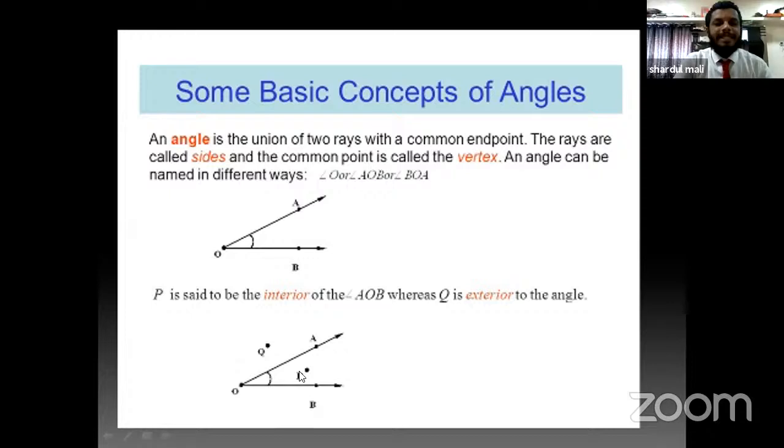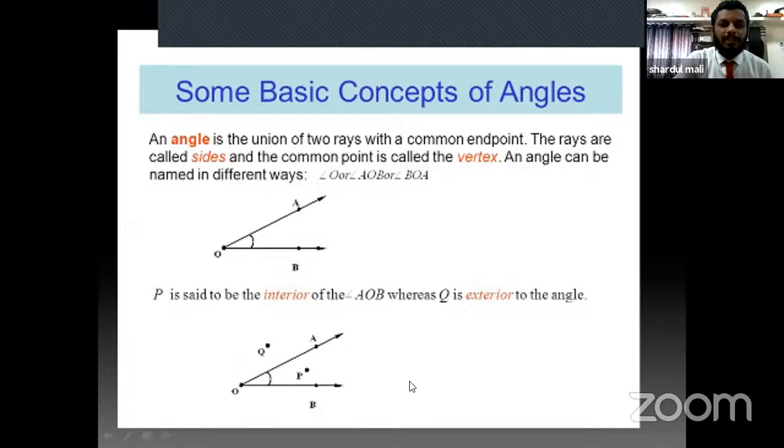You can easily understand what is interior and what is exterior. Point P is present in the interior of the angle, and point Q is present in the exterior of the angle.